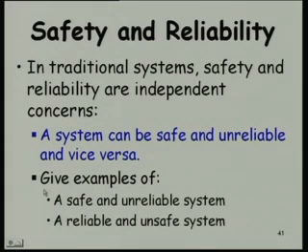In a real life situation, can you give an example of a safe system but which is unreliable? Can anybody give an example of a safe system? Yes? Mobile phone. Mobile phone is reliable, isn't it? I do not know what kind of mobile phone you have, but normally these are quite reliable. They work for a long period of time, not much failure. Mobile phone is supposed to be reliable.